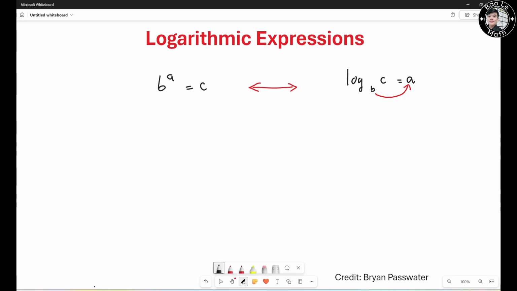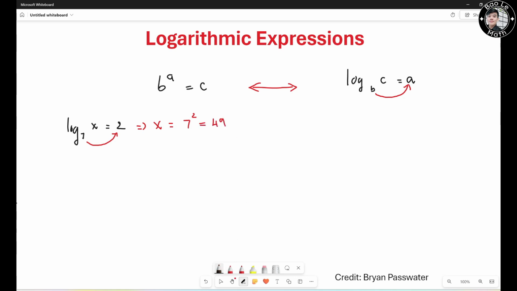Now let's move on to example number 2. Convert the equations from the logarithmic forms to the exponential forms. So for example, if we have log base 7 of s equal to 2, we just draw the arrow like this. So we have s equals 7 to the power 2, and it's going to be 49.